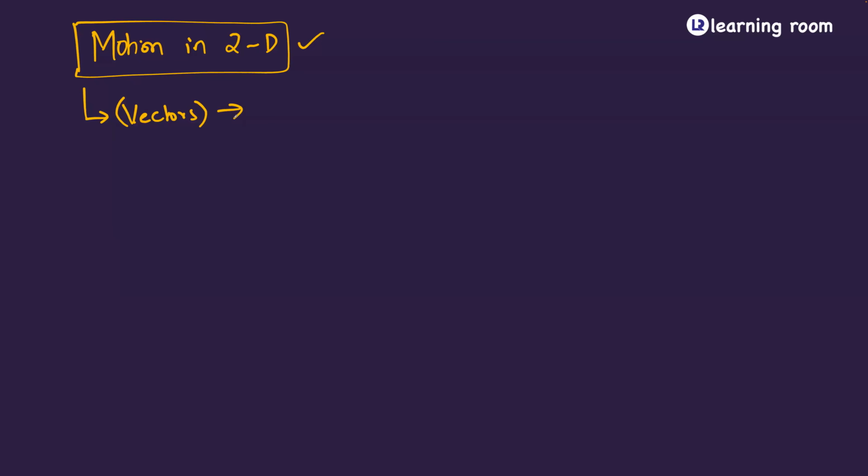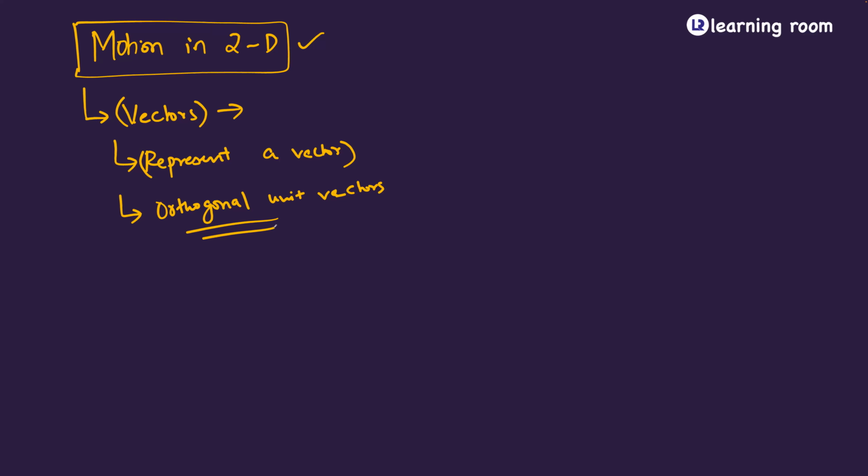You need to understand how a vector is different from a scalar. Secondly, you need to understand how to represent a vector. Third one is about orthogonal unit vectors.